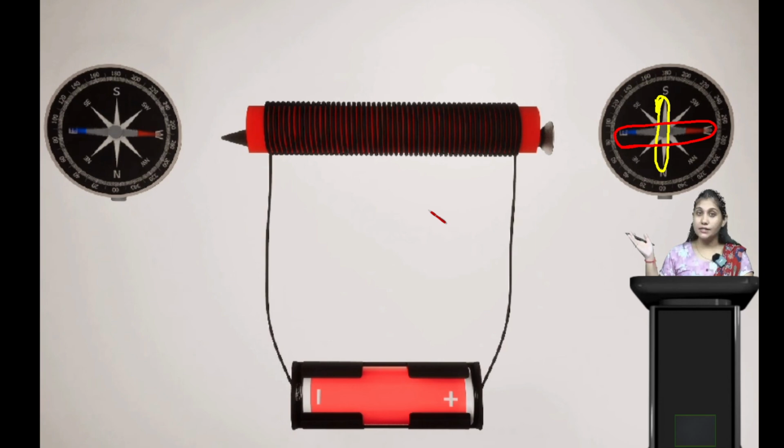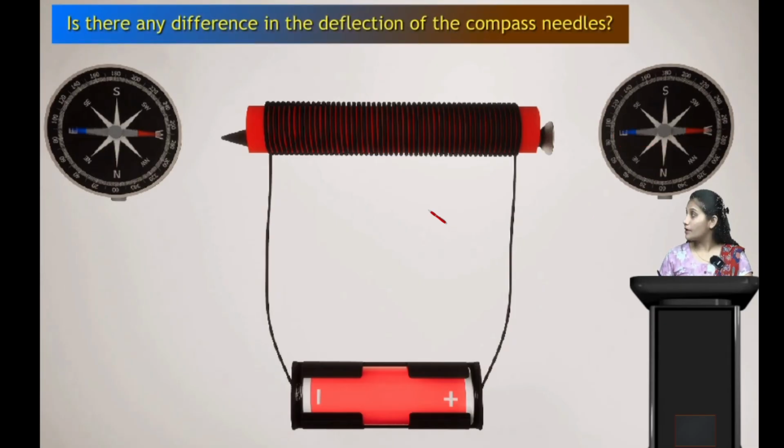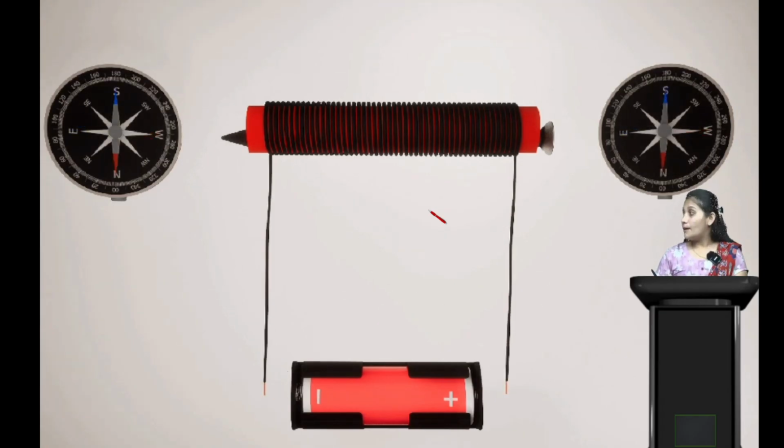Before, the deflection was on the vertical plane of yellow color, and when we connect the wires to the electric cell, the deflection occurs horizontally. Is there any difference now in the deflection of the compass needle? Yes, there is a difference.